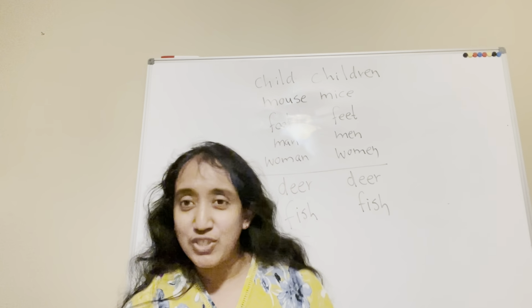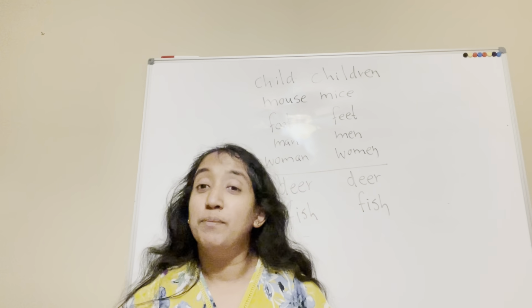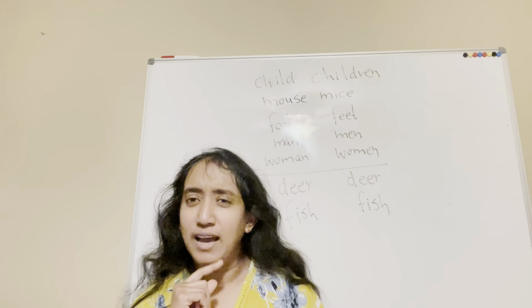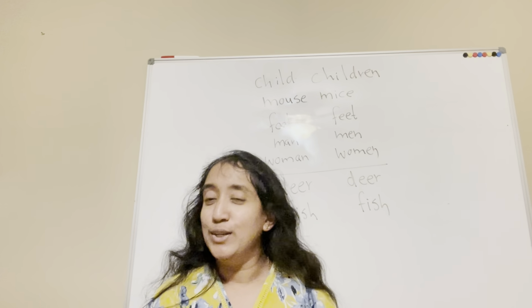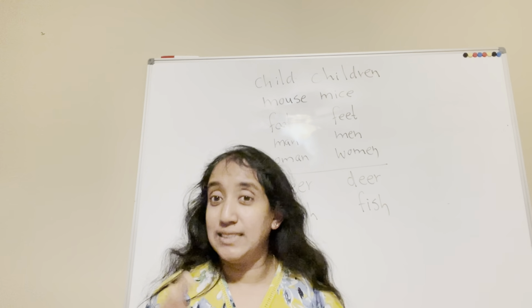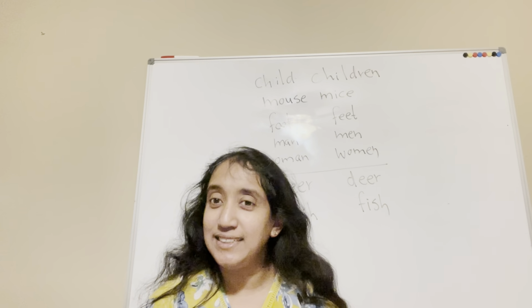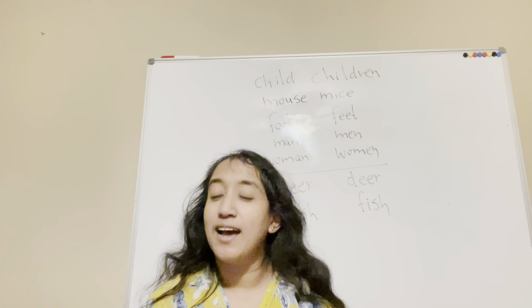Sometimes we use fish as a singular word, sometimes as a plural word. I have one fish, maybe I have two fish. So there should be a clue to guess whether it's singular or plural. In words like deer and fish, the singular and the plural words are the same.